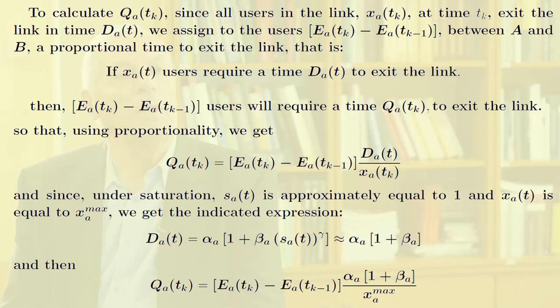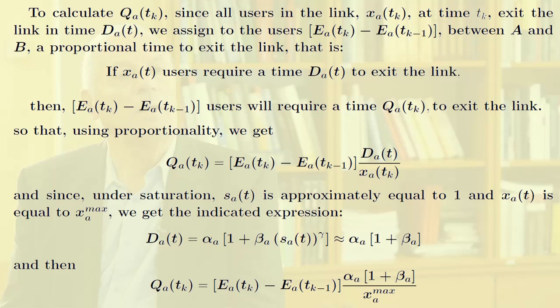That is, if at time t, x_a of t users require a time d_a of t to exit the link, then e_a of t_k minus e_a of t_{k-1} users will require a time q_a of t_k to exit the link. So, using the proportionality rule, we get the indicated value of q_a of t_k.